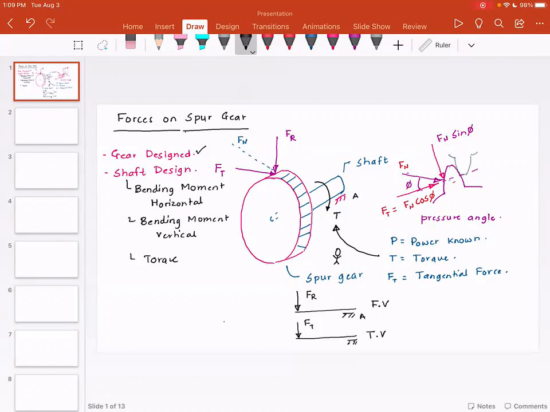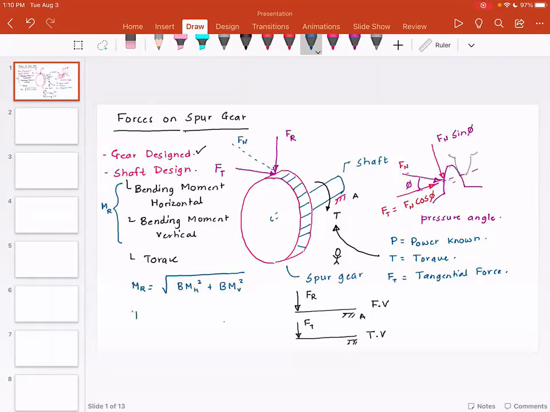We looked at problems like this. Step one is to find the resultant bending moment, MR. This MR is the square root of the BM in the horizontal direction squared plus the BM in the vertical direction squared. This is the resultant bending moment.